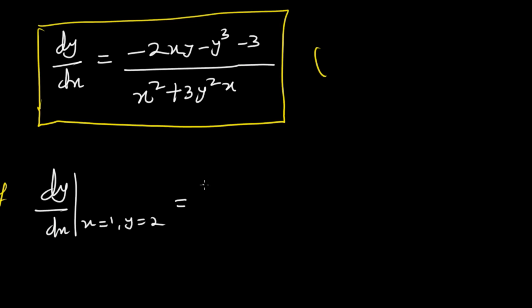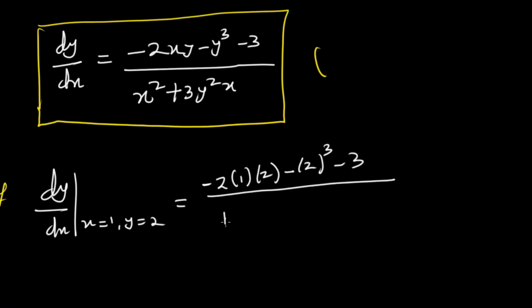And then I'm going to have negative 2 times 1 times 2, minus 2 to the power of 3, minus 3, divided by 1 squared plus 3 times 2 squared times 1. And then I have that to be equal to negative 15 over 13. So I have my m to be equal to negative 15 over 13.